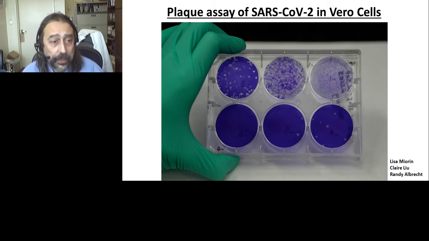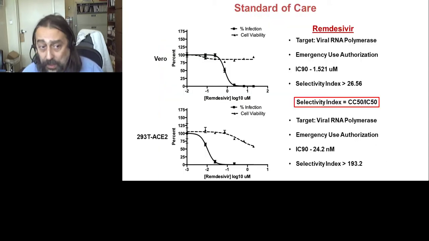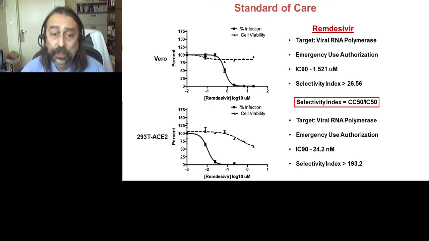Okay, so first I'm going to show you how remdesivir, which is a drug that is already approved, inhibits viral replication in this assay. In all of these assays of inhibition of viral replication, we perform triplicates in which a particular drug is used at a total of 6 different concentrations, from around 10 micromolar going down to nanomolar concentrations.